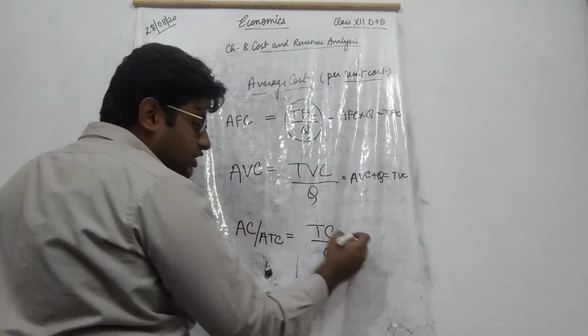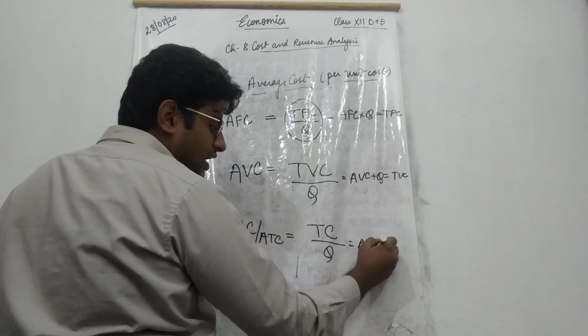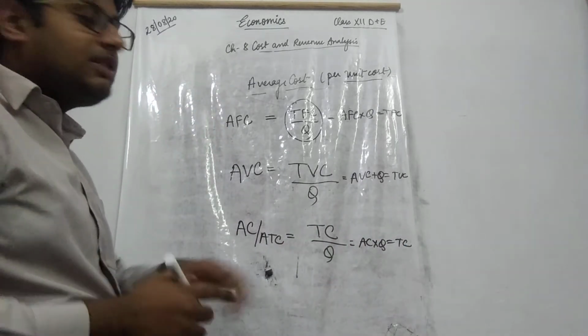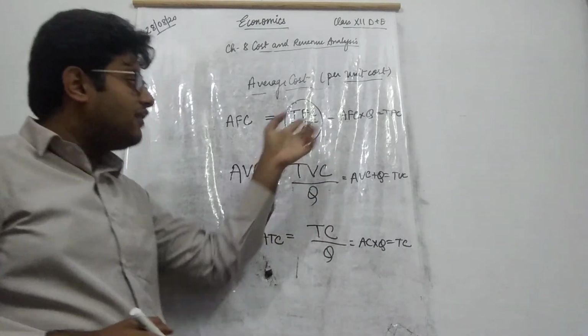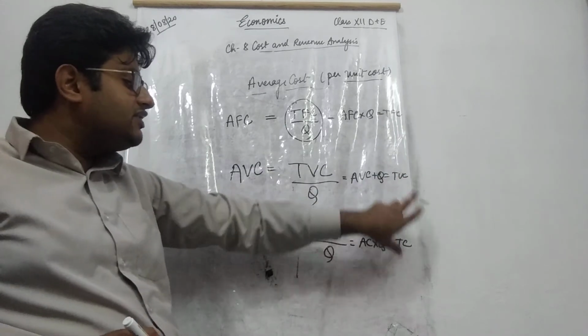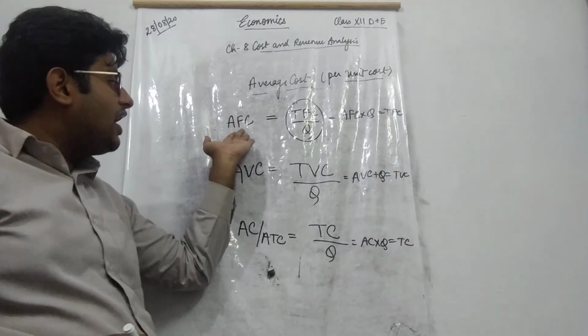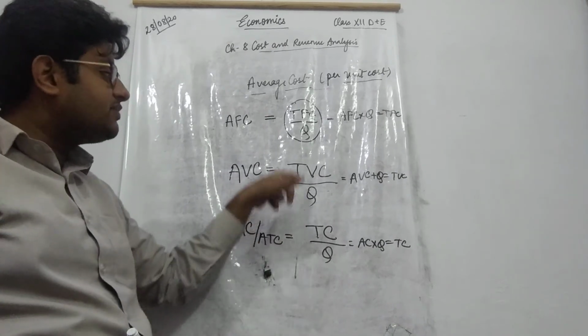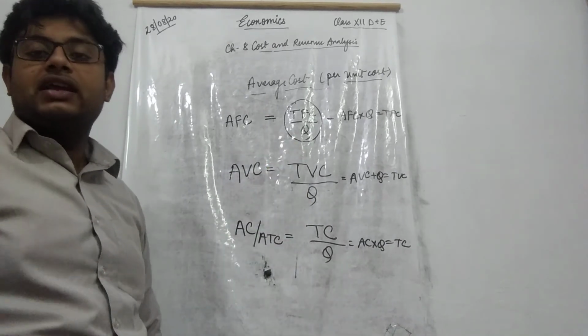And whenever we multiply average cost and output, we will get our total cost. So these are just mathematical things. I have just shown how TFC, TVC or TC can be calculated from average fixed cost, average variable cost and average cost when the output has been given.